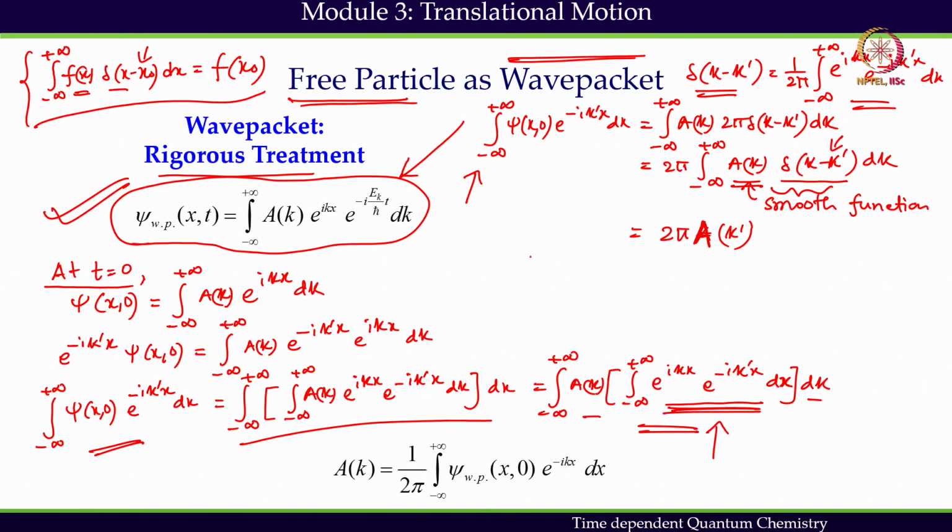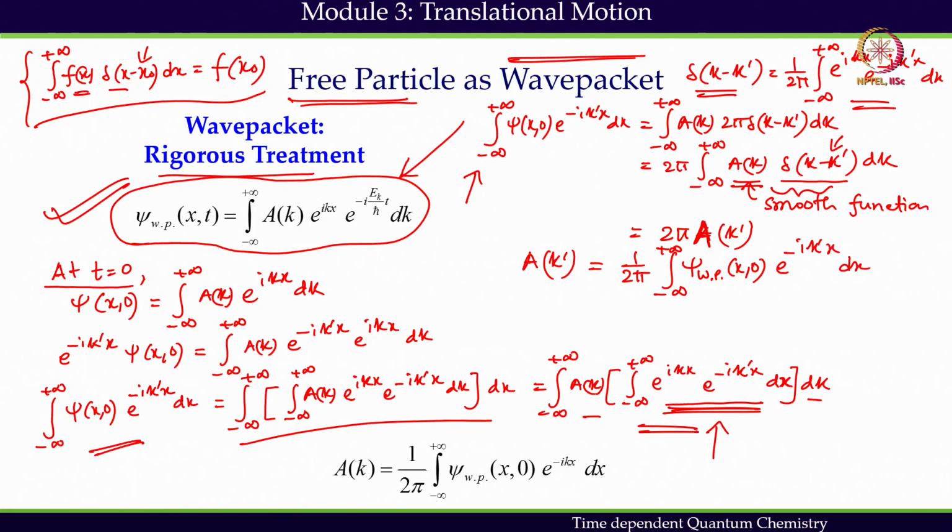So, a k dash is represented by 1 by 2 pi minus infinity to plus infinity psi, this is actually the wave packet, x 0 e to the power minus I k dash x dx.